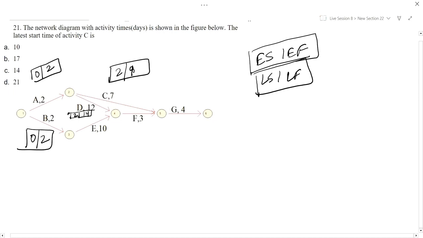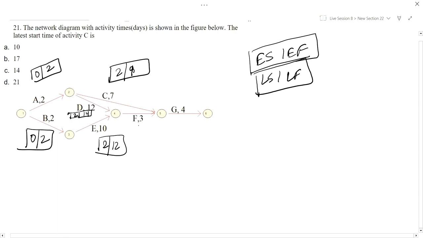Now for activity E, the early start time is, now we will see for activity E, how many nodes reach? 2 is the early start time and finish time is 2 plus 10, 12.